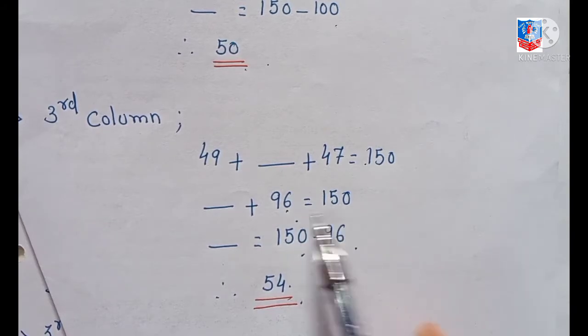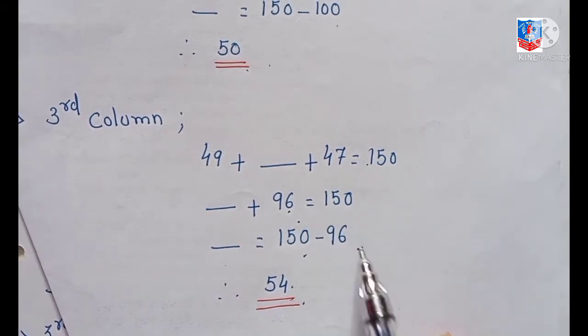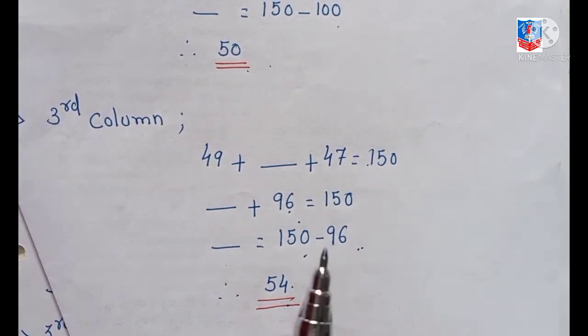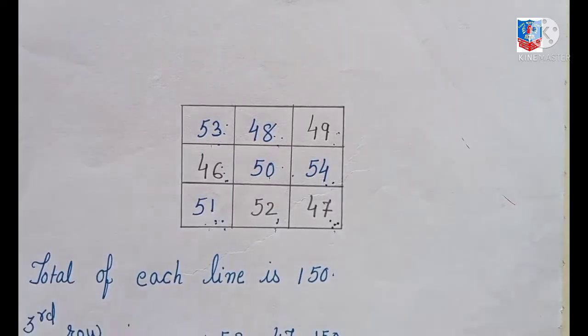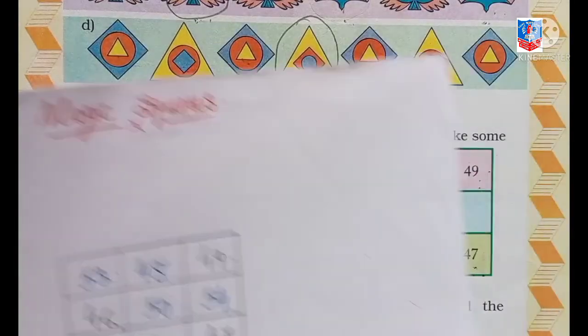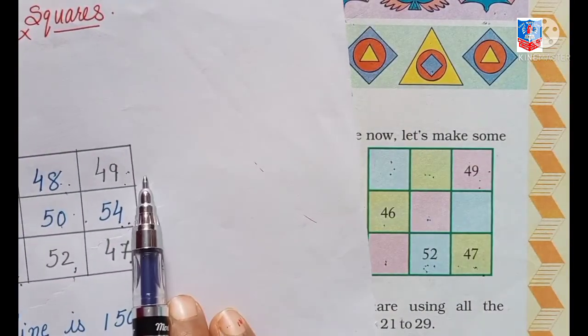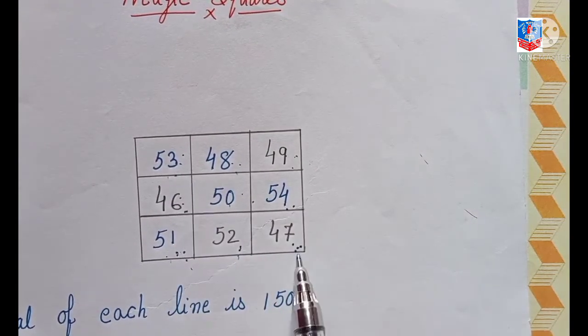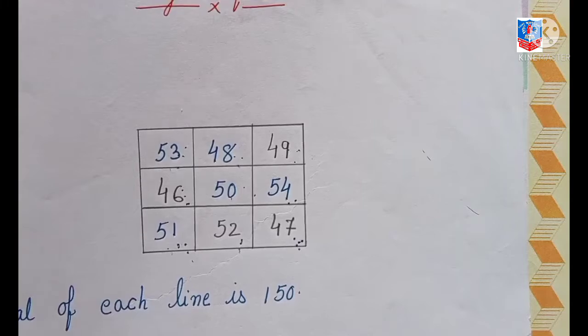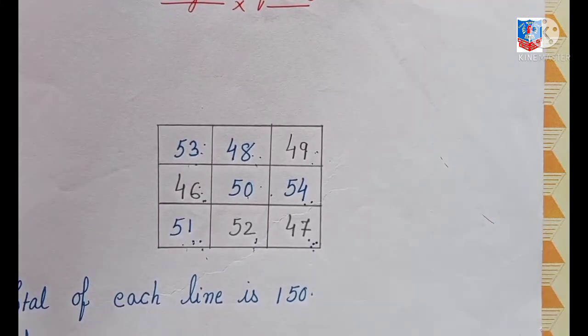Then subtract 96 from 150, we will get 54. So this column is 54. Understood? So now you can do the total. Any of the lines you do the total, like this way or like this way, the total is 150. Understood?